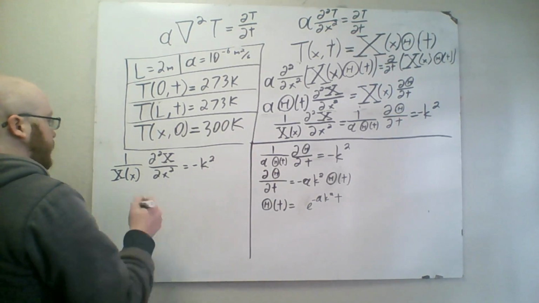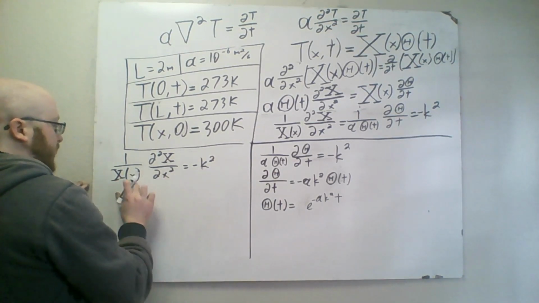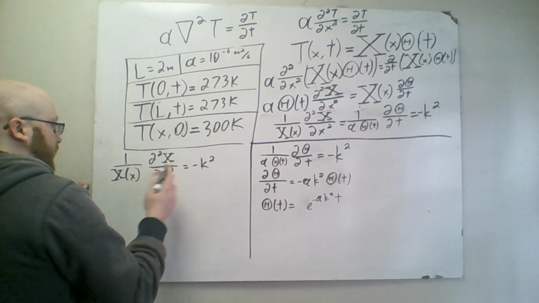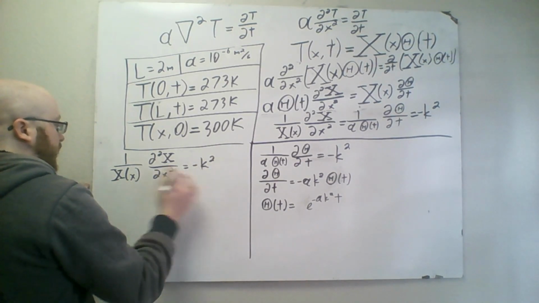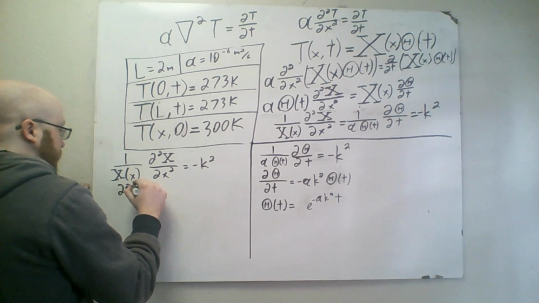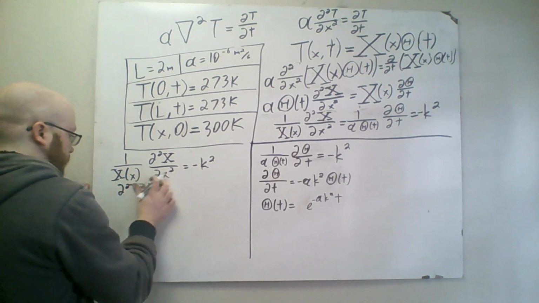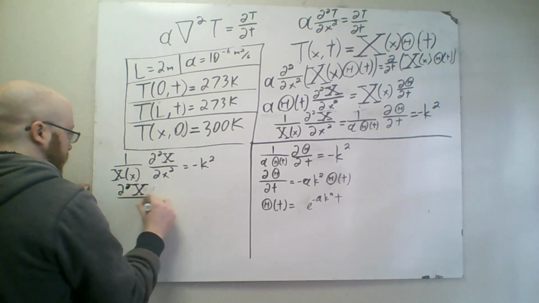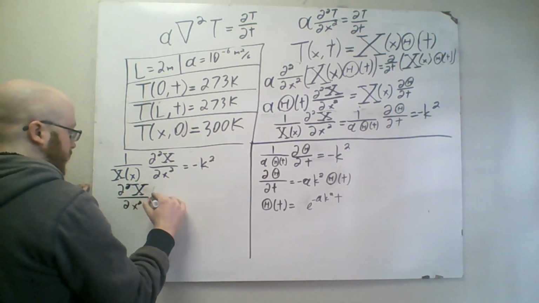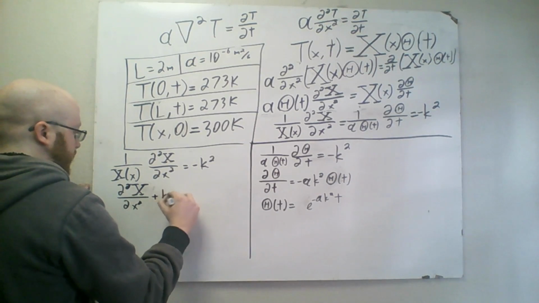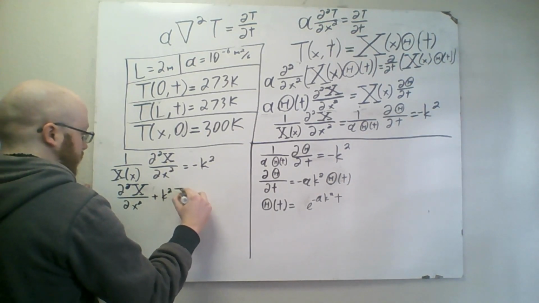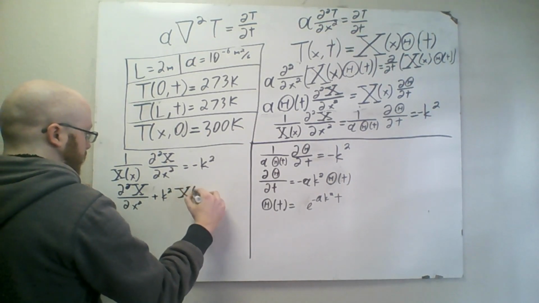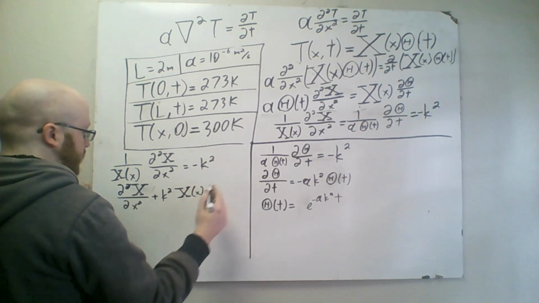So here I'm actually going to do the full thing. Multiply both sides by x, and then add that to both sides. So we get d squared x over dx squared plus k squared x equals 0.